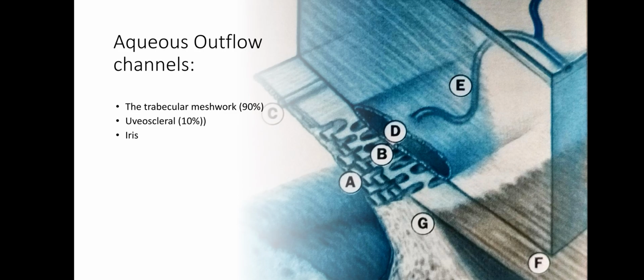Aqueous outflow channels. Number 1, the trabecular meshwork, 90%. Number 2, uveoscleral, 10%. Number 3, iris.